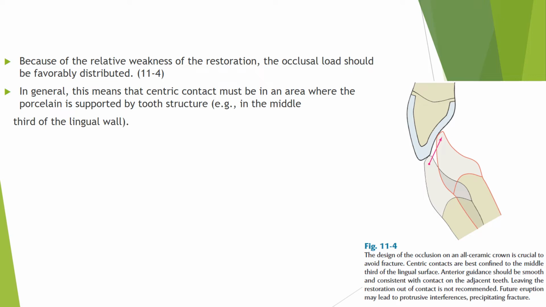In general, this means that the centric contact must be in an area where the porcelain is supported by tooth structure, right? So always you should place your margins, everything on the tooth structure and not on the restoration.